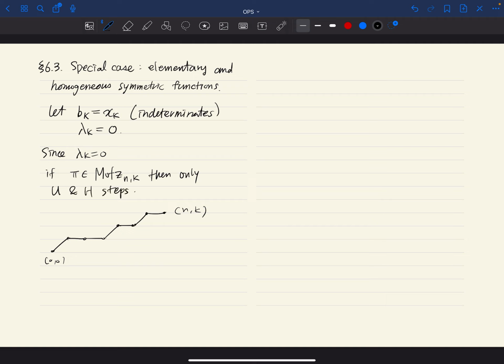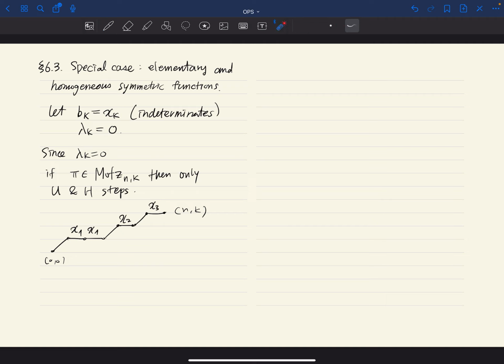Because lambda step will just contribute 0, so you can ignore them. And the weight of an up step is always 1, so you can just forget about their weight. But here it's just b_k, where k is the height. But now b_k is x_k, so we will put x_1 here. The height is 1, so it's x_1, x_1, x_2, x_3, like that.